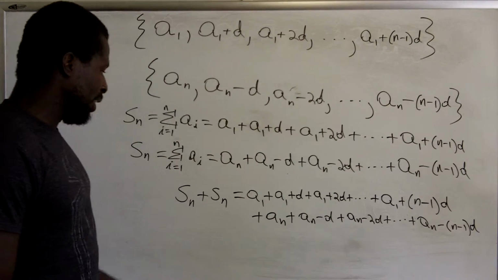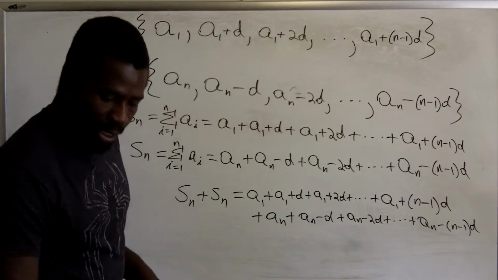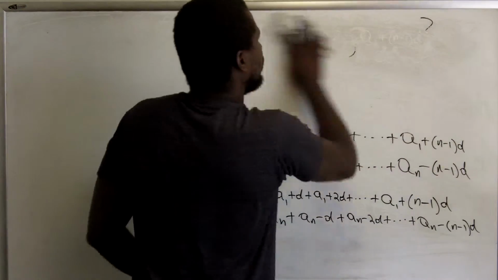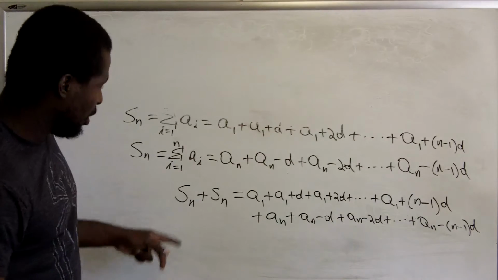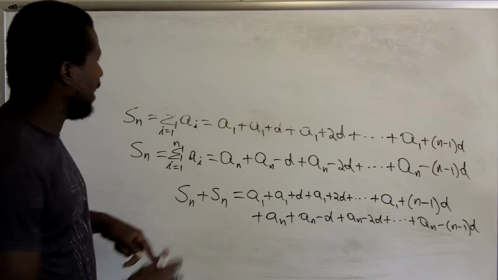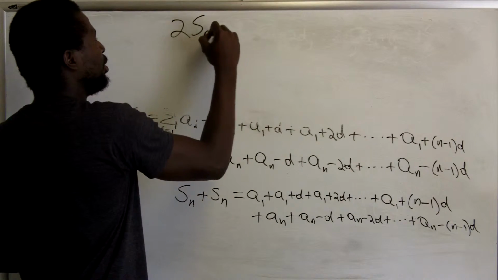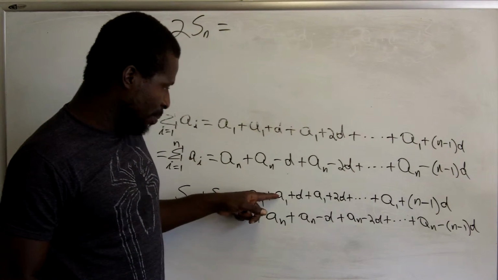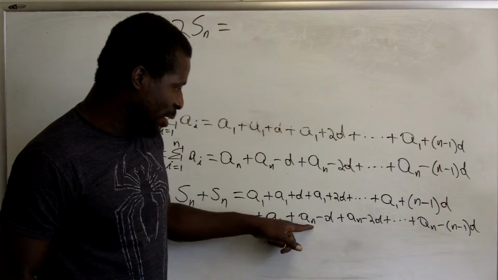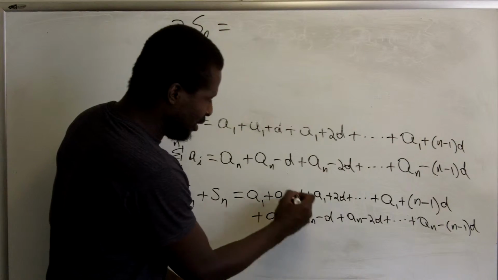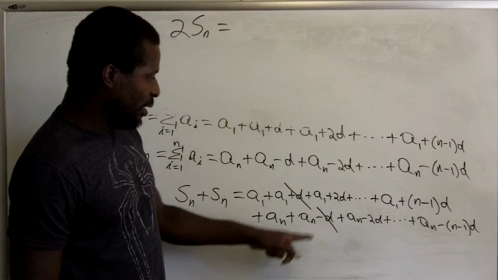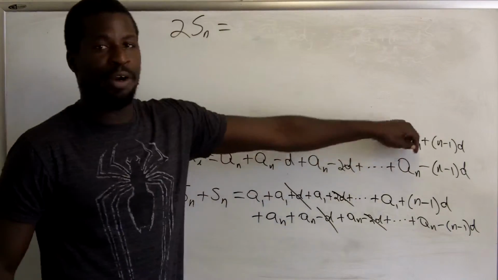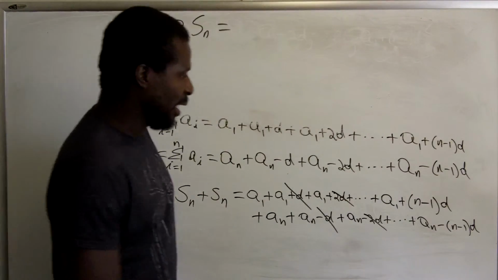And let's see what happens here. On the left hand side I have 2Sn, 2 times the nth partial sum. On the right, I have a1 plus d, but I also have an minus d. The plus d and the minus d cancel. As a matter of fact, the plus 2d and the minus 2d would also cancel, and every term that has a factor of d would cancel out.